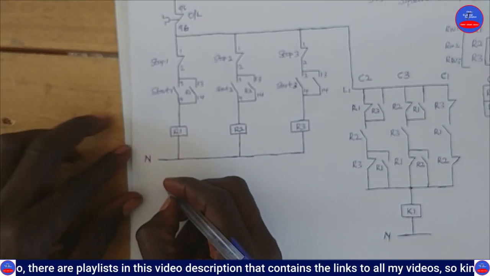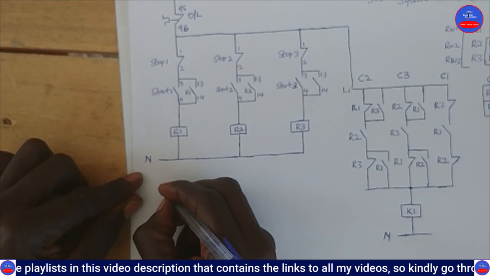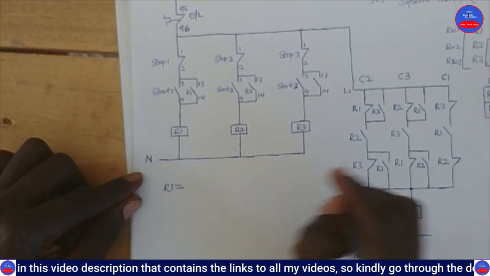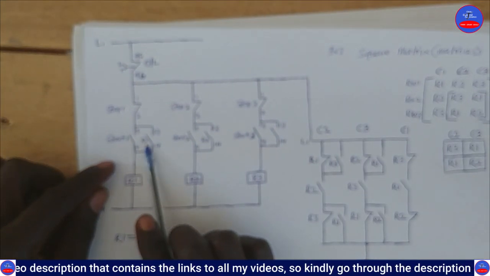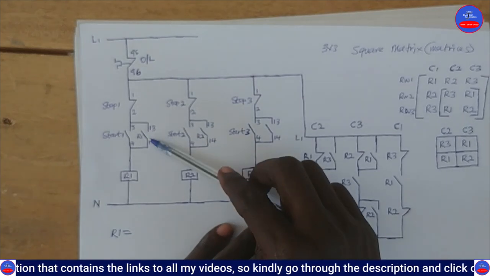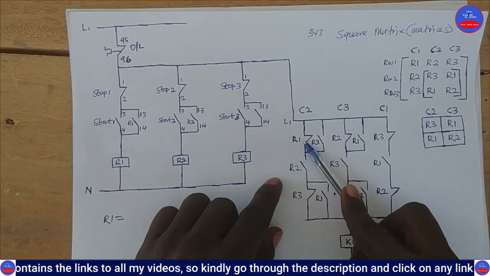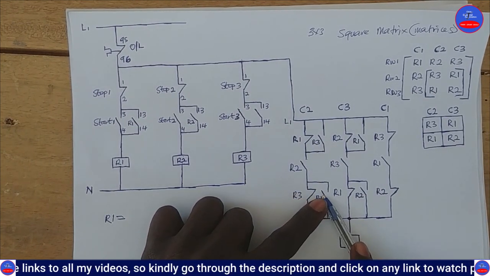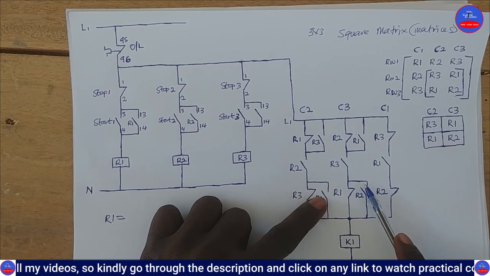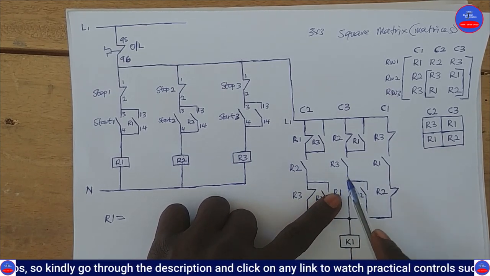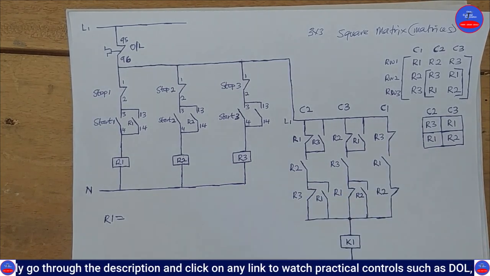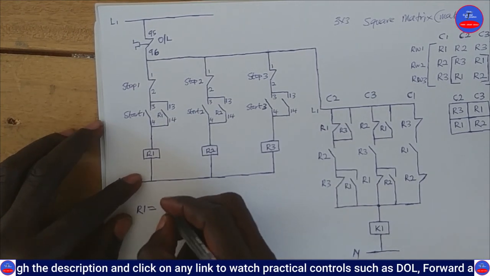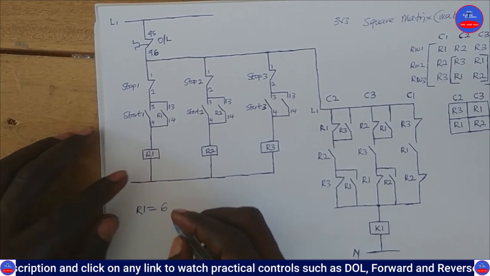R1 is equal to, so we have R1, 1, 2, 3, 4, 5, 6. So R1 will have 6 contacts.